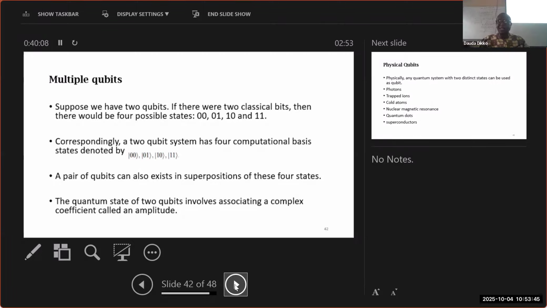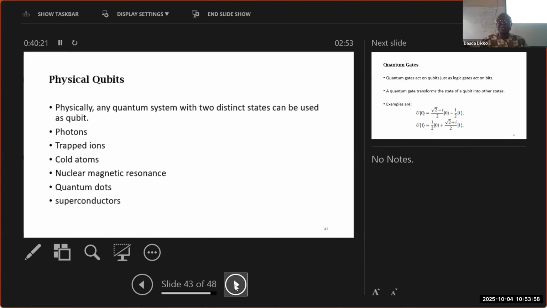So the quantum state of 2 qubits involves complex coefficients called the amplitudes. The complex coefficients can be alpha and beta. So just like you have the logic gate as a physical gate, it is also possible to express a quantum system having 2 distinct states as qubits.